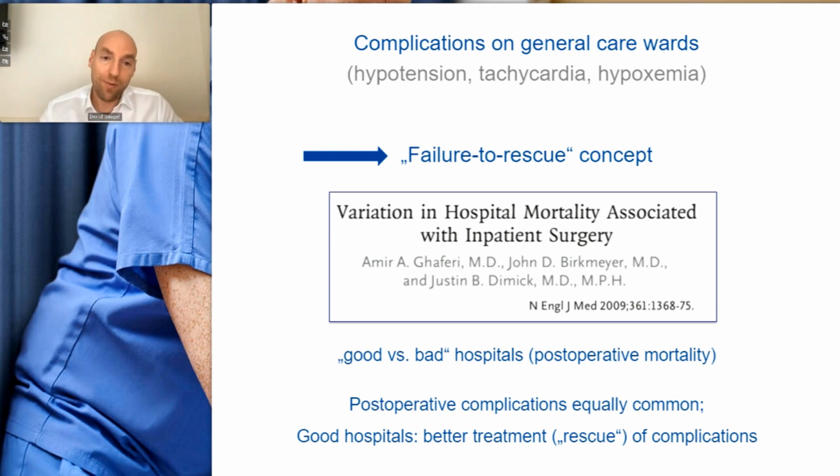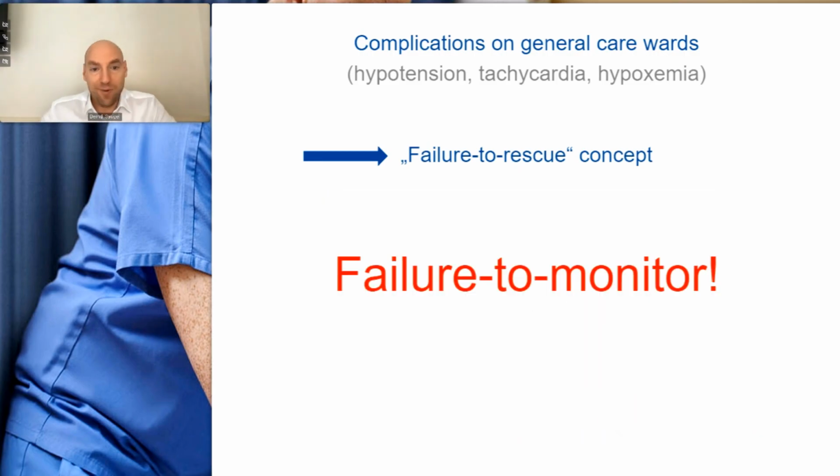The goal would not only be to minimize the failure to rescue rate, but to improve our failure to monitor. So we need to avoid not monitoring patients, or monitoring them only intermittently, and failing to identify complications early.